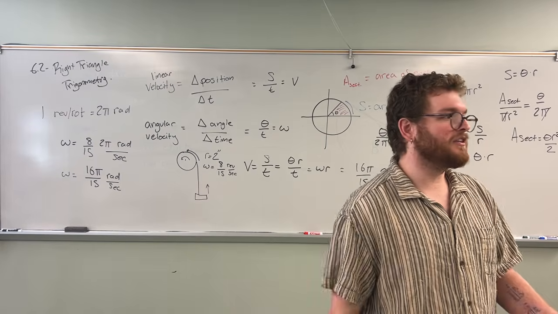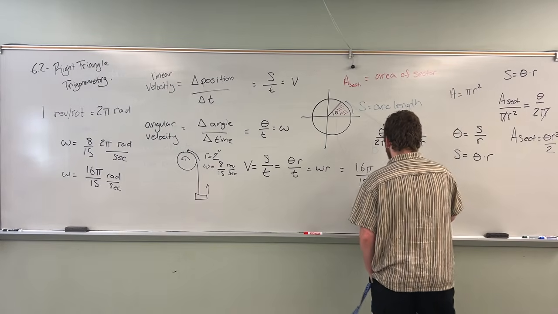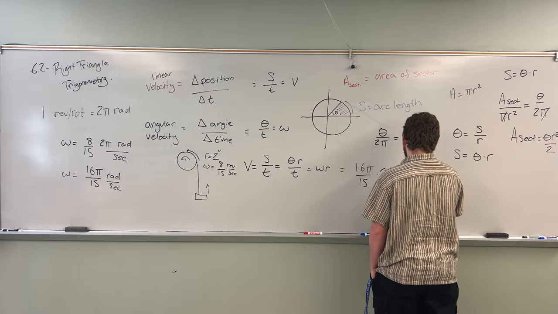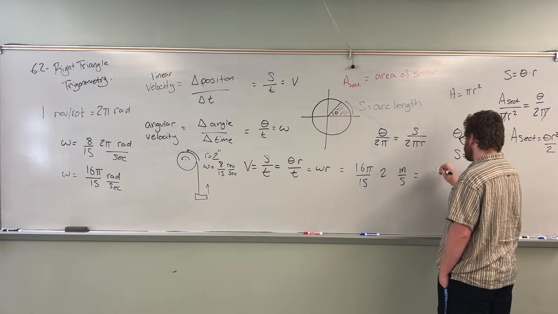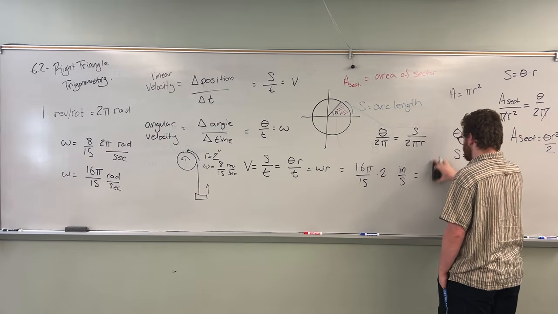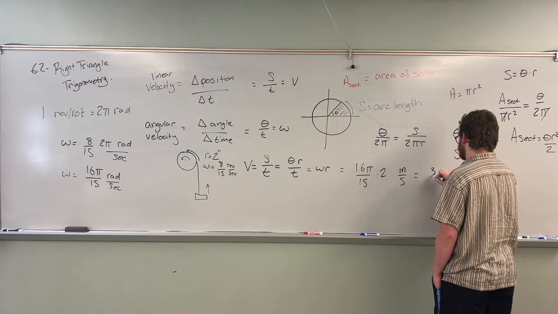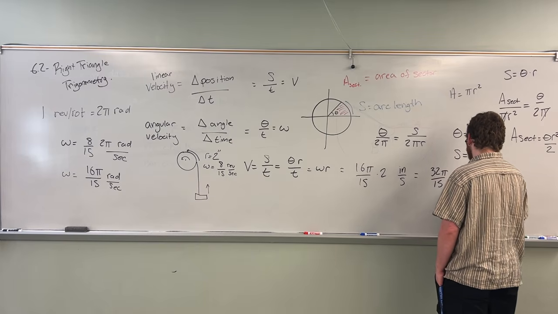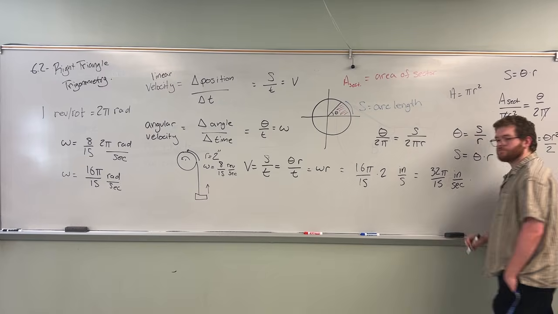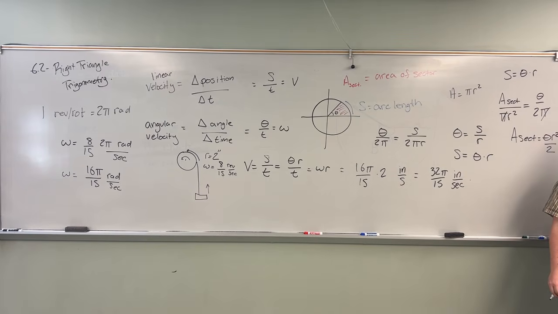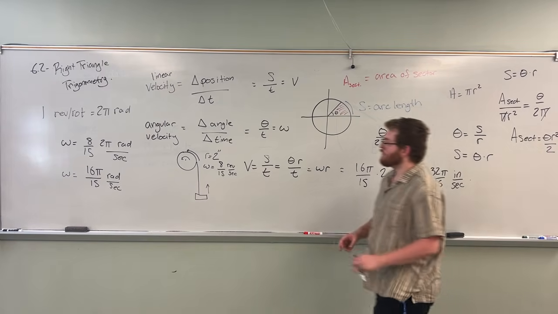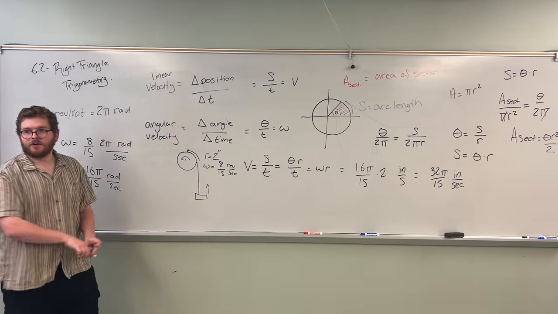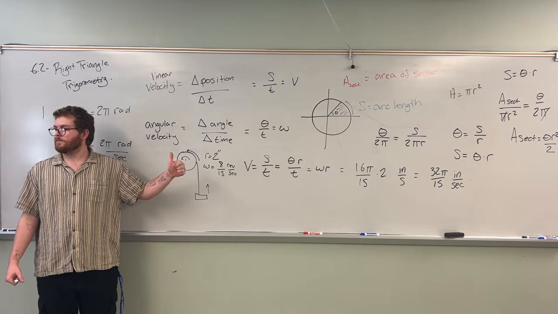I'm walking this fast in inches per second. So times 2, this is 32 pi over 15 inches per second. So if I know how much this is turning, I know how fast this is going up.